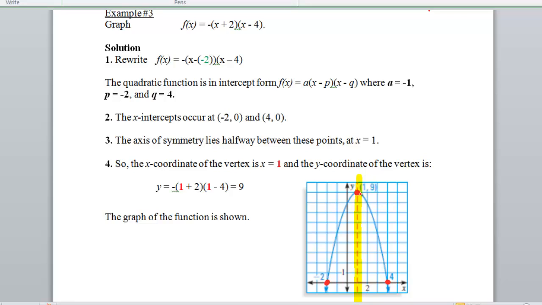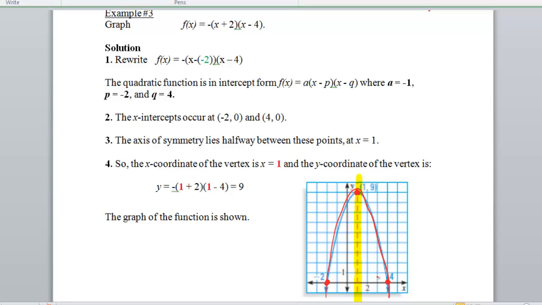Now, if you look really closely at this graph, the vertex is an awful long way away from the x-axis, and so we could probably sketch this pretty comfortably without any additional t-chart points. If you wanted to, you could be more than glad to t-chart a couple extra points and get a little better visual.